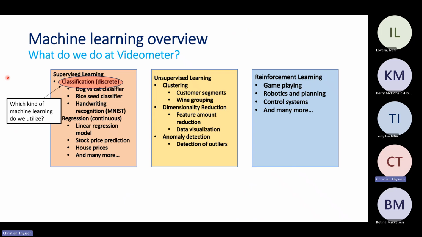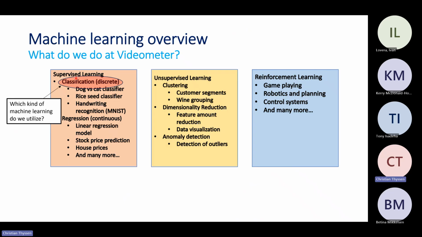So what do we do at Vidometer? First of all, there are 3 major subdivisions of machine learning. The first one is supervised learning, which you can subdivide into classification and regression. The reason why it's called supervised is because we as people tell the machine, this is a good seed, this is a bad seed, or this is a dog, this is a cat, and so on.